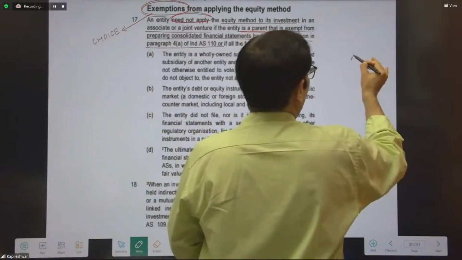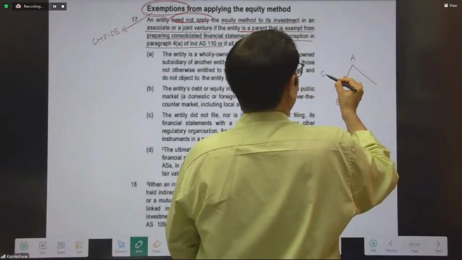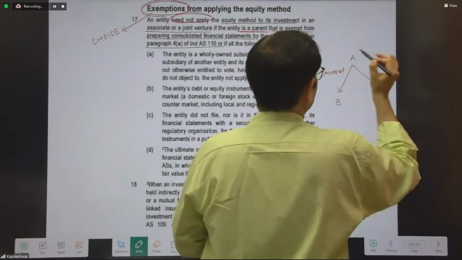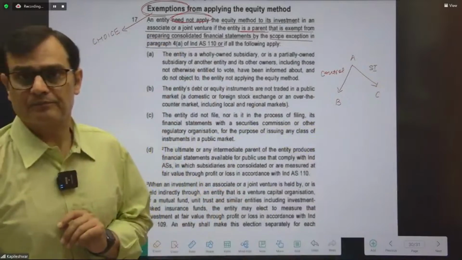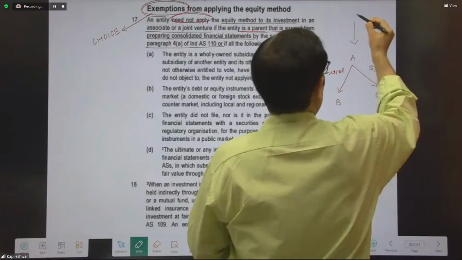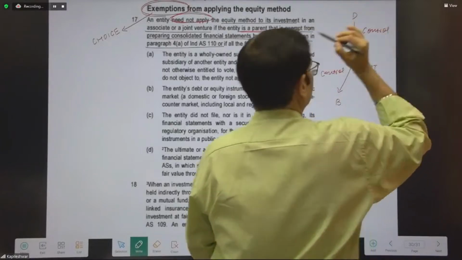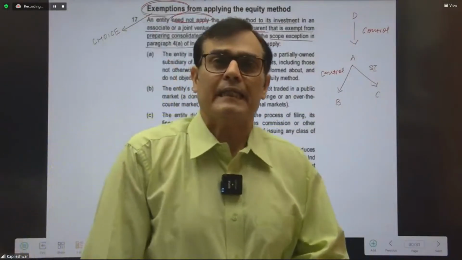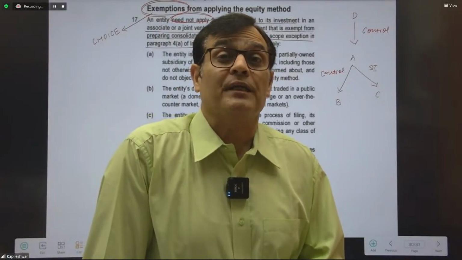Let's imagine there is a company A and it has got a control over company B, and there is a company C, and let us say A has got a significant influence over C. Now, let us also consider that on the top, there is a company D as well, which has got a control over A. Now, you would recall that under para number 4A, you get an exemption only if there is a chain.